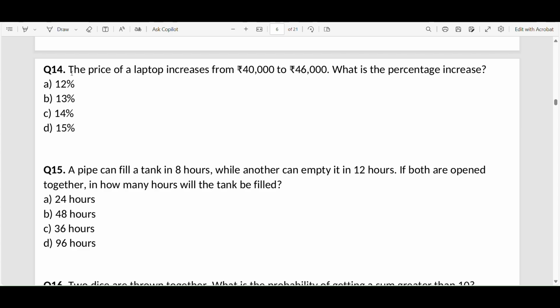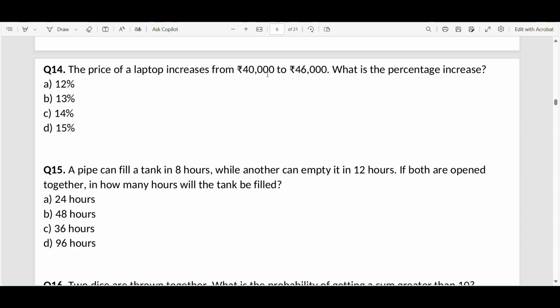The next question is, the price of a laptop increases from 40,000 to 46,000. What is the percentage increase? So initially it is 40k, and after it was increased to 46k. So we need to calculate.